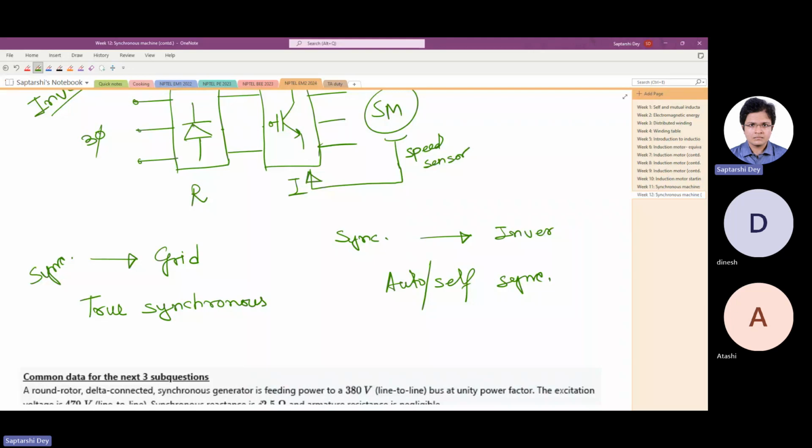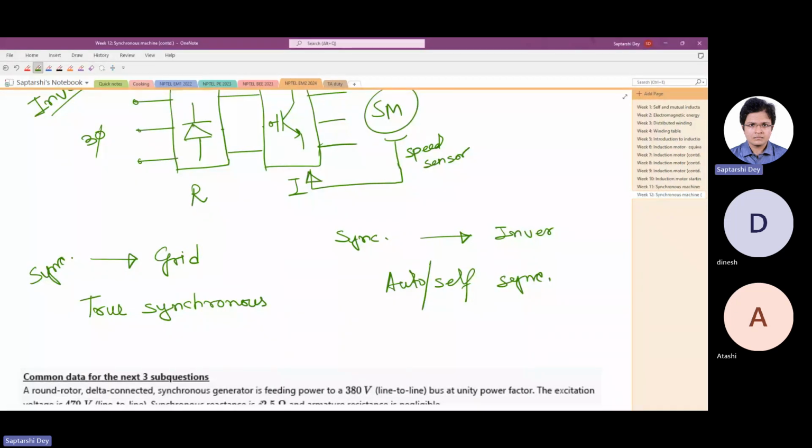On the other hand, for the auto synchronous, it's not like that. If the speed suddenly drops, or if there is a huge fluctuation of speed, that data is instantly relayed to the inverter, and the inverter adjusts the switching accordingly. So they are very less likely to fall out of step.